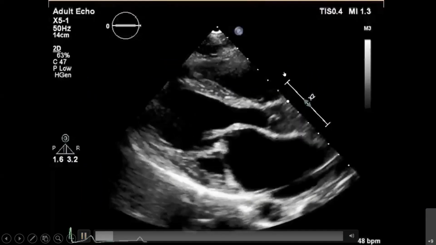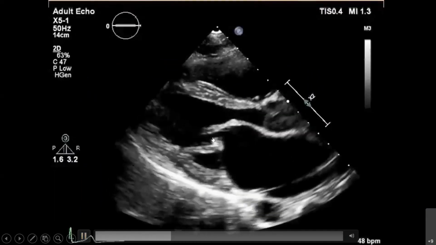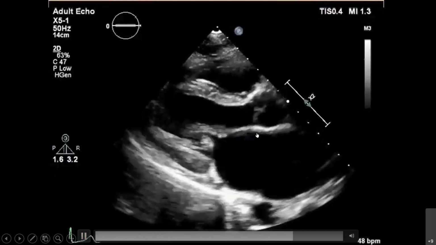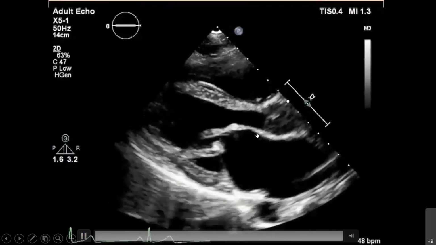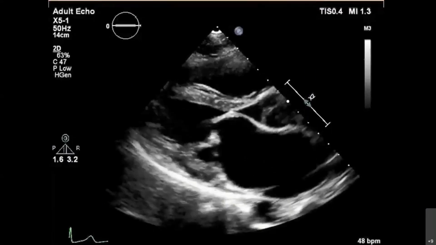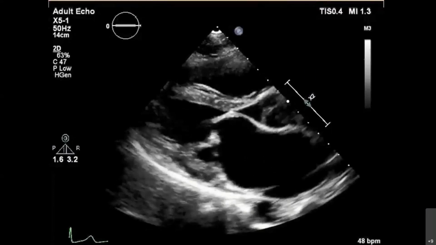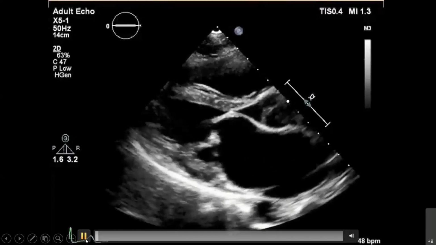Okay. So it starts at the leaflet tips and then progresses towards the mid and the base. Unlike degenerative disease, which starts more at the annulus and then progresses towards the leaflet. So the way the disease process is different among the two conditions.